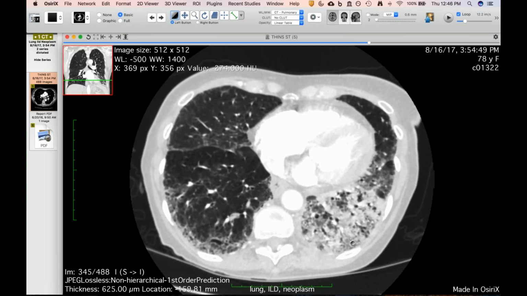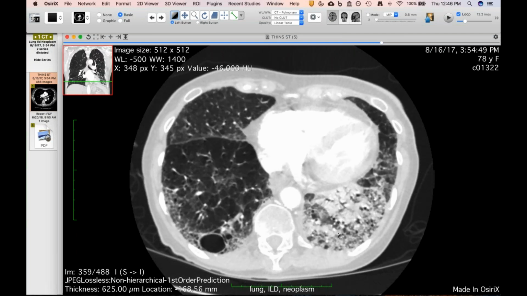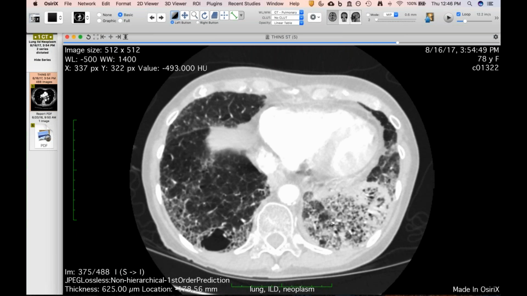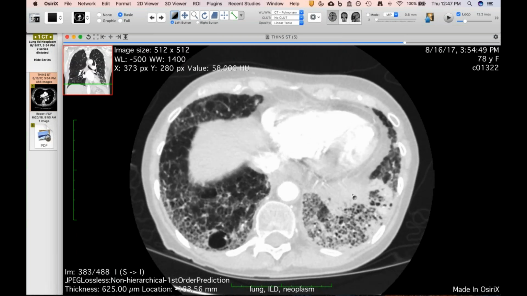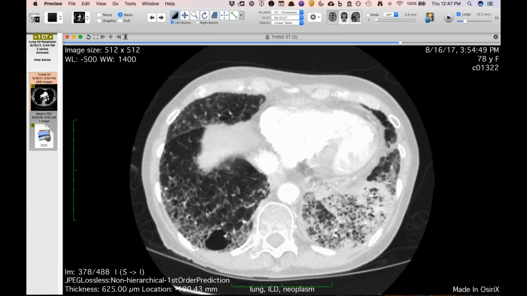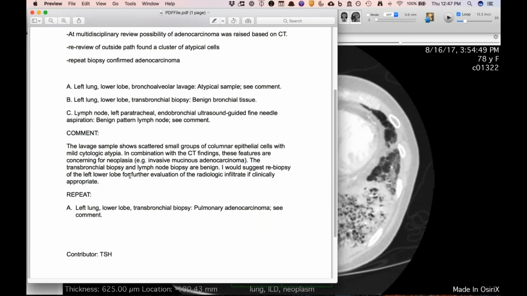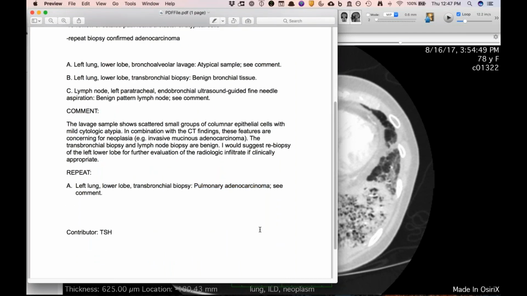And of course, I've shown other cases, and you probably see these too occasionally, that patients get referred for interstitial lung disease that end up having cancer in there. So at another hospital, they actually repeated the biopsy based on these findings, just given this asymmetry and all of this soft tissue. They redid it, and it was another transbronchial biopsy, and this was an adenocarcinoma.